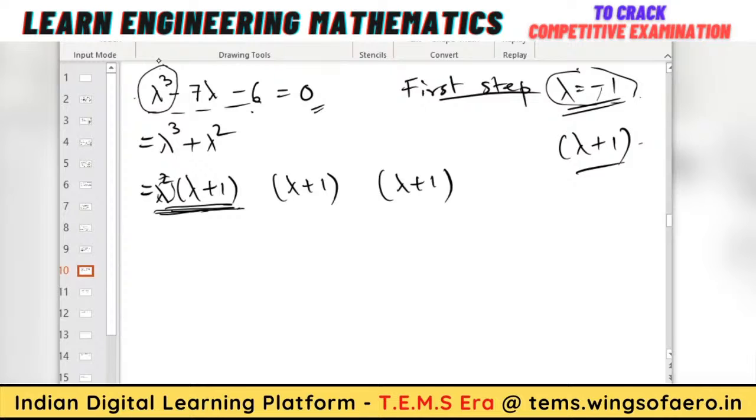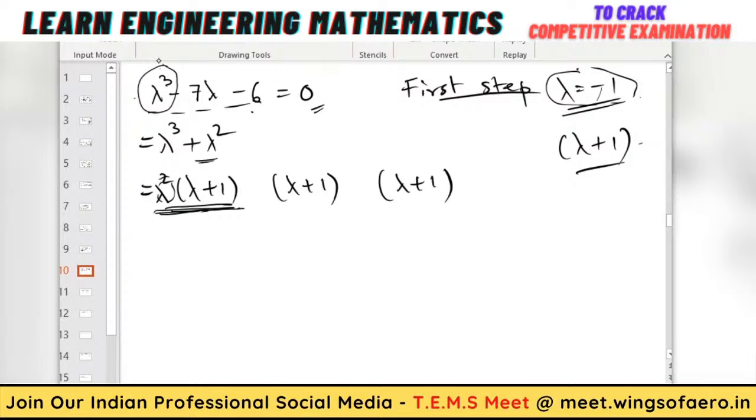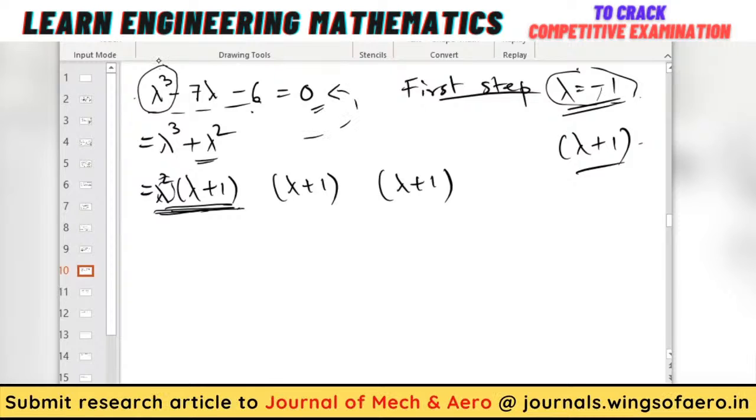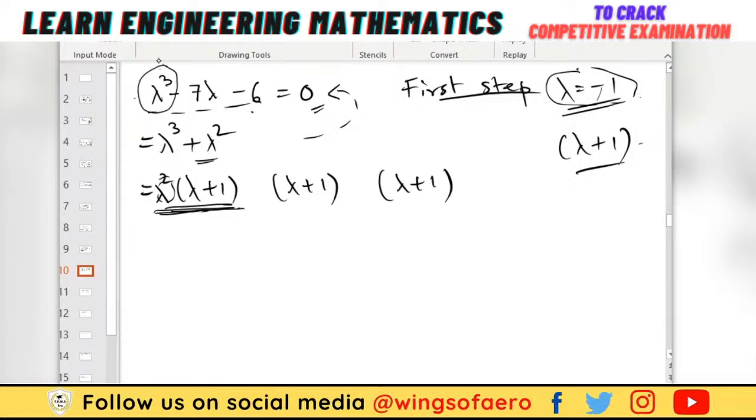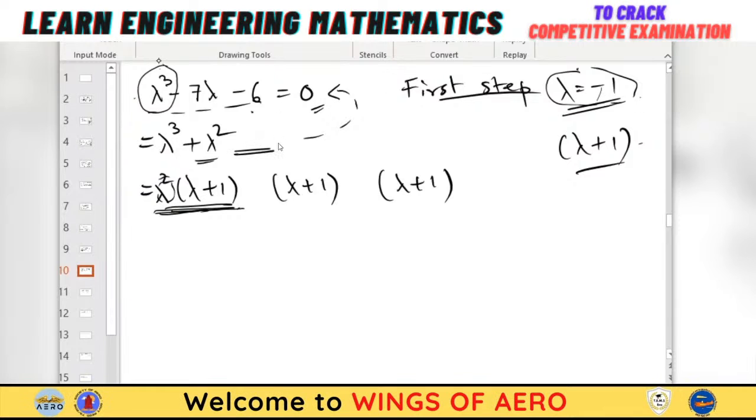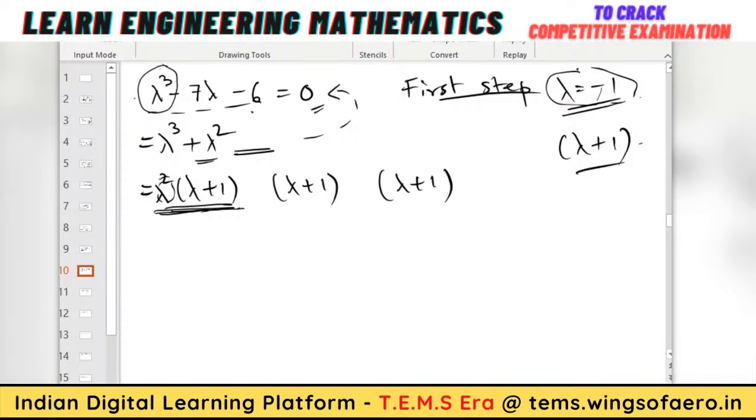Okay. Now look at this. Now you need to balance this one with this first. Look at this, in the first term, is there any lambda square? No, sir. So what is the term we should add or subtract here to nullify this? Minus lambda square.